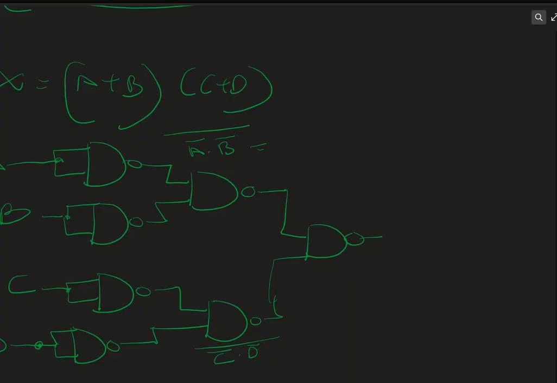Which we can do in a simpler way, but okay, a into b prime into, sorry, not together, it's separate prime, then c into d prime, and then I can reverse it.